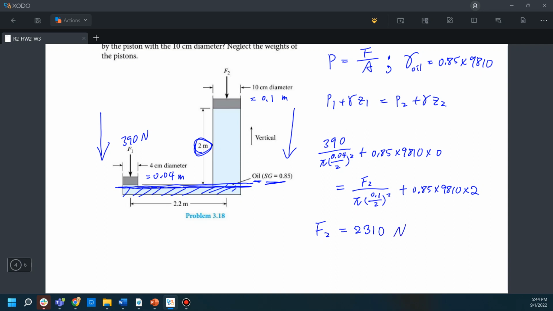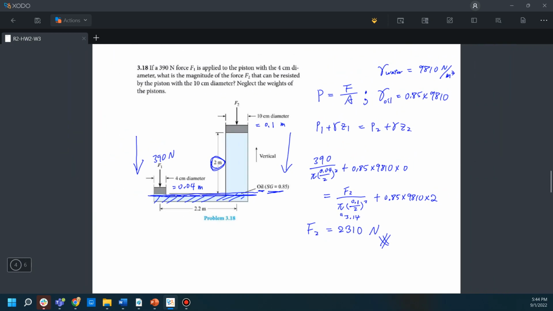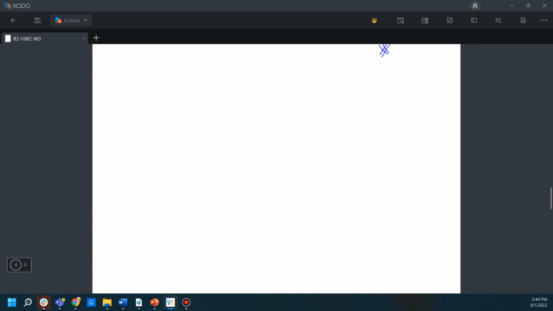And the pi here is equal to 3.14. Okay. Oh, you can just type the pi using your calculator. Right. So let's move to the next one.